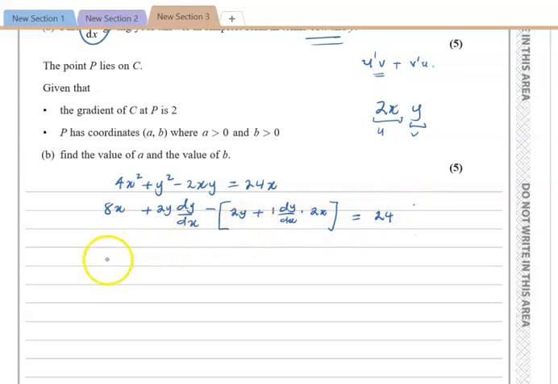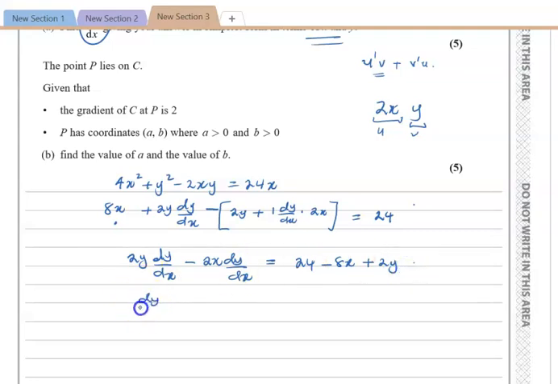That means you collect like terms. So I have 2y dy/dx. And then when you open the bracket for the dy/dx, you see that you're going to have minus 2x dy/dx, and then move everything to the other side. So you have 24, and then you have the 8x, which is minus 8x, and when you open the bracket here, you have minus 2y. It becomes a plus 2y.